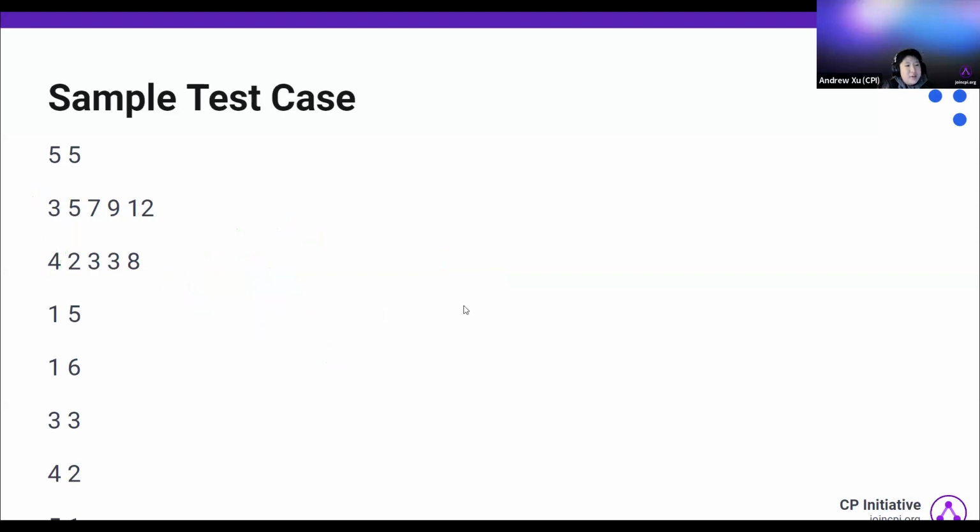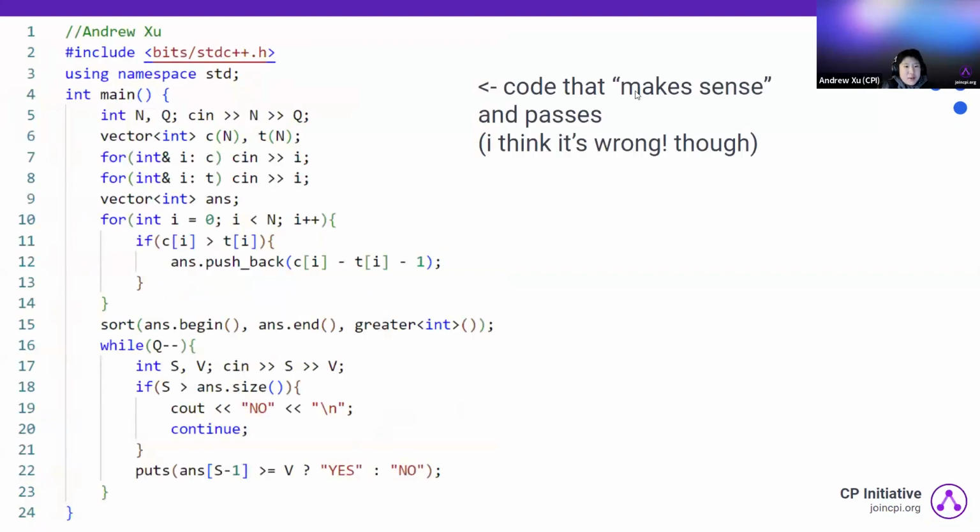So the first step of this code is implementing basically what I said. This code makes sense, and it should pass the official USACO problem, but it's actually a little bit wrong.